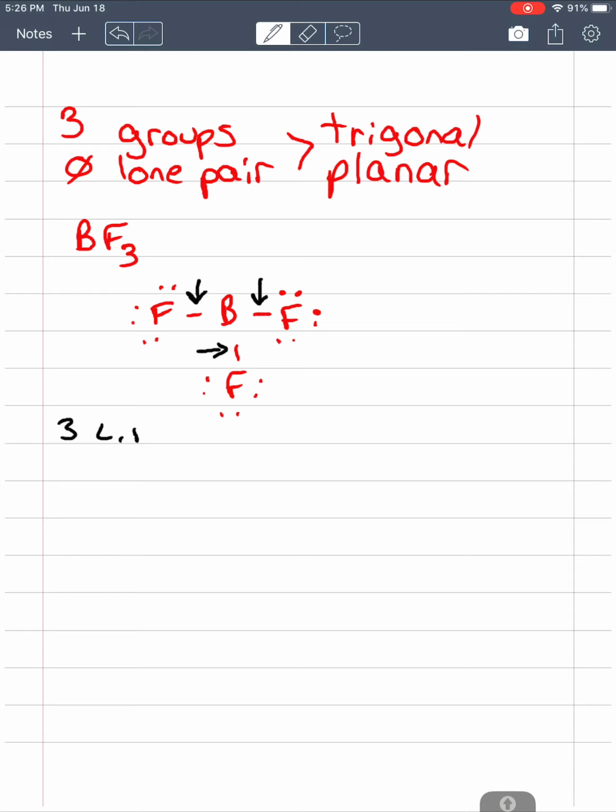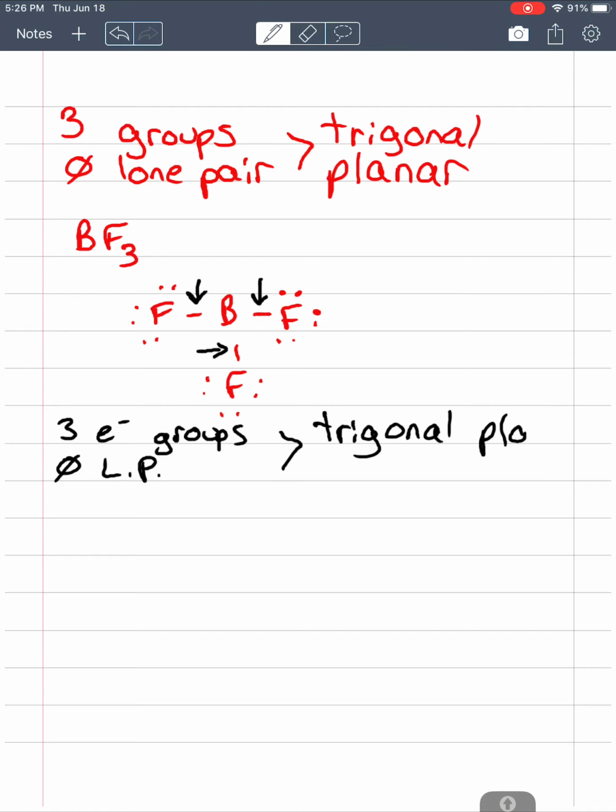It has 3 electron groups, not 3 lone pairs. 0 lone pairs. Now, yes, fluorine has lone pairs, but boron has no lone pairs, and that's what we're looking at. So that means it's trigonal planar, which means it's going to be in one plane. In this case, it's in the plane of the paper.